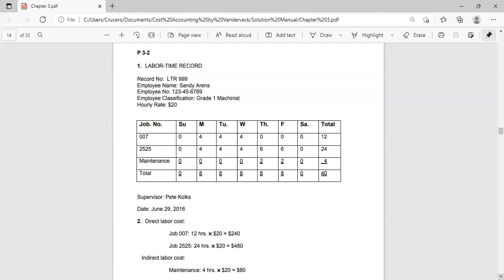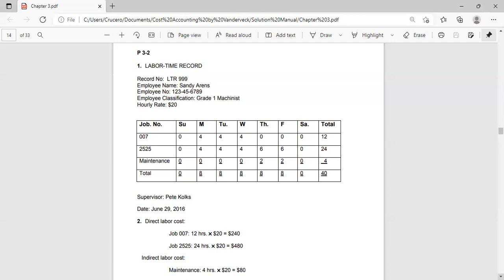On Thursday and Friday of the week, she worked 6 hours per day on job 2525 and 2 hours per day on maintenance. So it will be the labor.